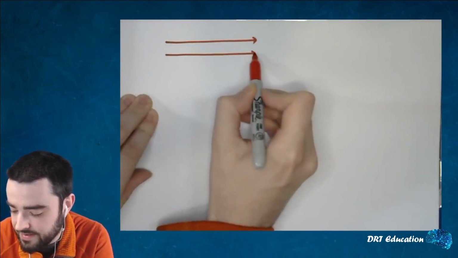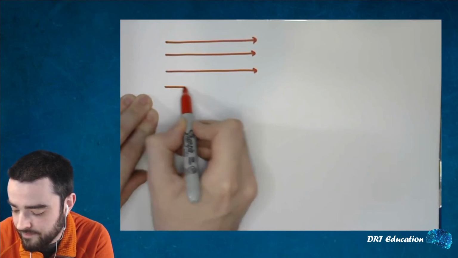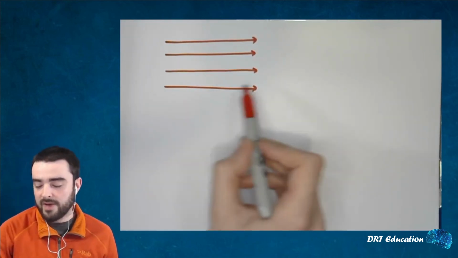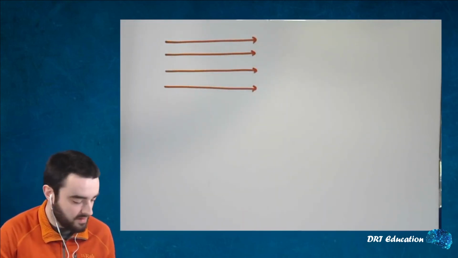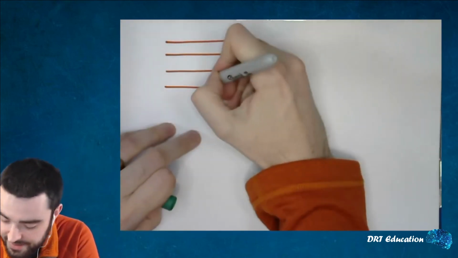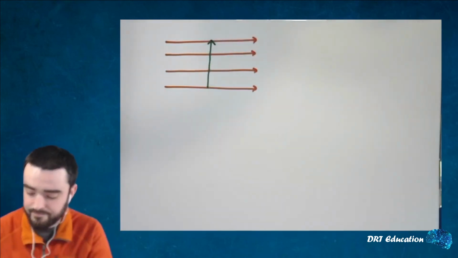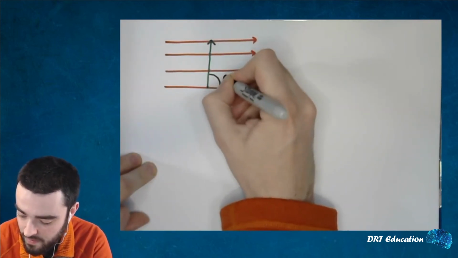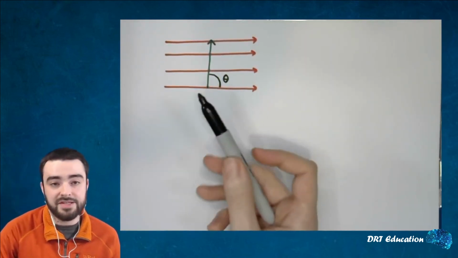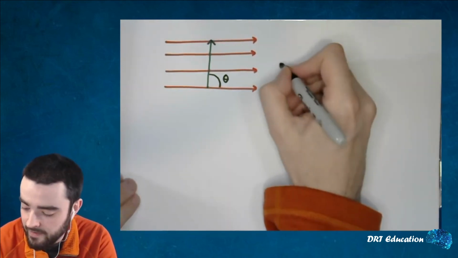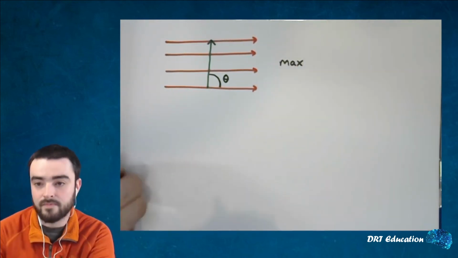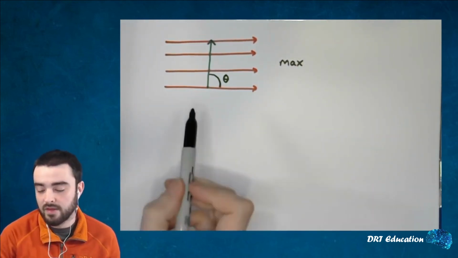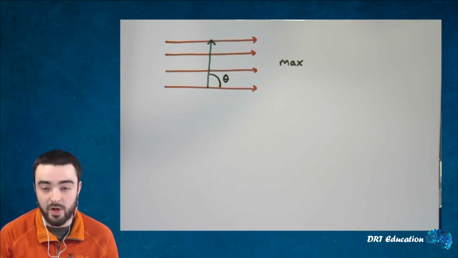So to start with, we'll think about the nice simple case. We have our magnetic field lines, and we're going to have our current. This one is perpendicular. And at this point, when theta is equal to 90, we have the max. So it is at a maximum when it's at 90 degrees, it's perpendicular.